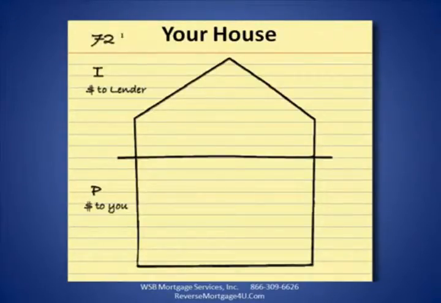I'm going to do an example of a 72-year-old with a $200,000 home, and in that example, under just an interest rate assumption that I'm using, the portion that would be available for you is $143,000. Everything above the $143,000 would be reserved for interest for the lender to lend you this money.